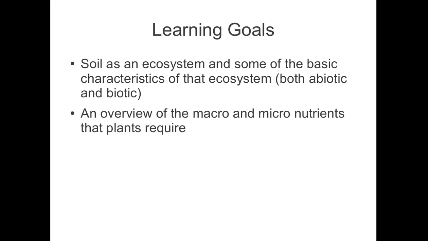So, in this lecture, we're going to basically talk about how soils are an ecosystem made up of things like nutrients, microbes, organic matter, all the way up to things like centipedes and earthworms. And these ecosystems are shaped by both biotic, so biological forces, and also abiotic, things that aren't biological, things like pH and rainfall.